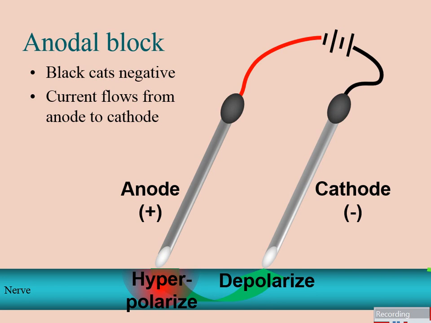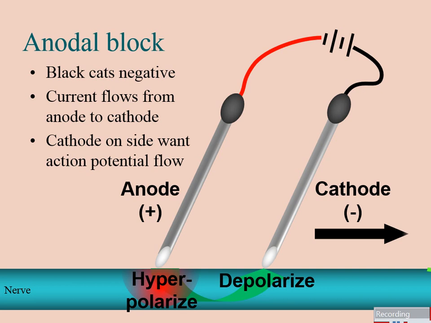This doesn't happen in a normal nerve or a normal muscle, but it can happen in diseased nerve. So when we're setting up our stimulation, we always want the cathode on the side where we want the action potential to go, and the anode on the other side, so that we don't have to worry about this anodal block as a potential complicating factor.